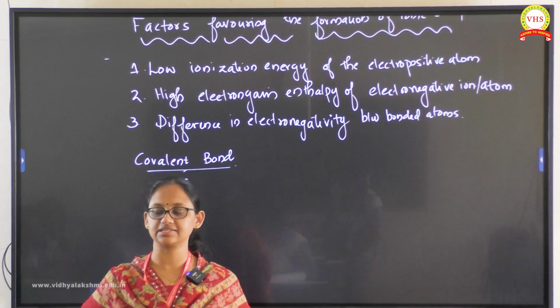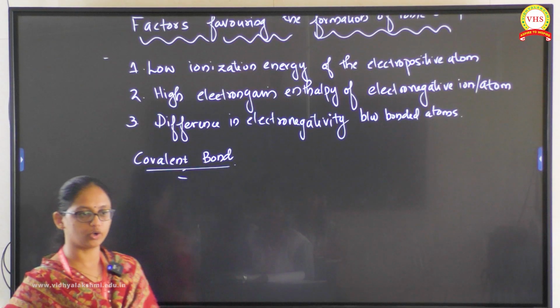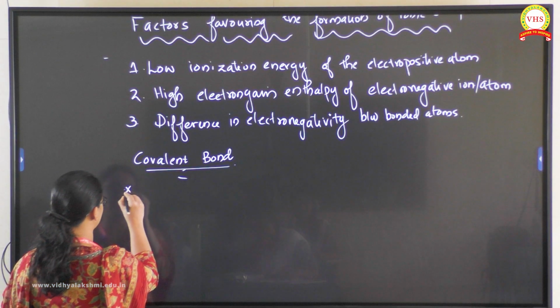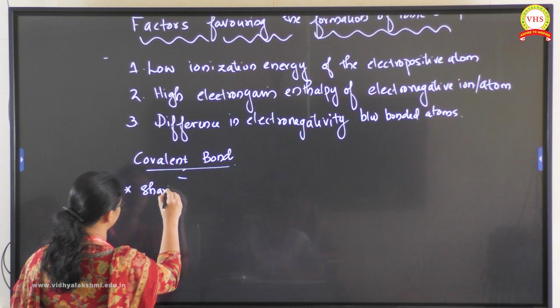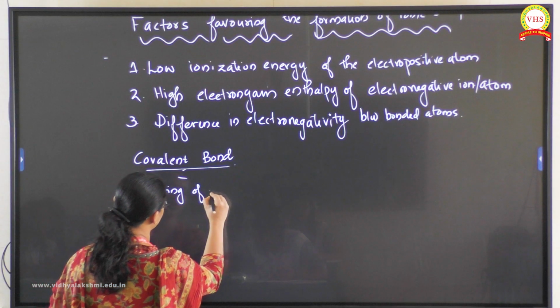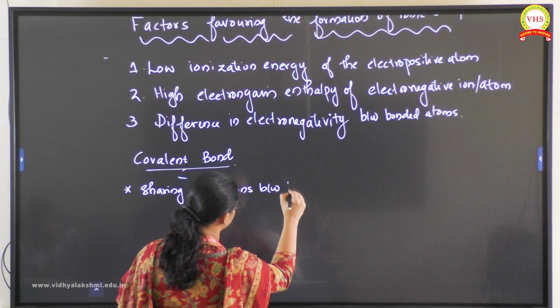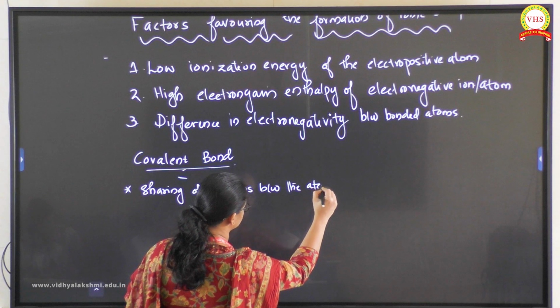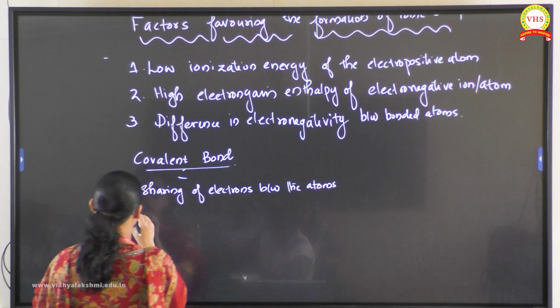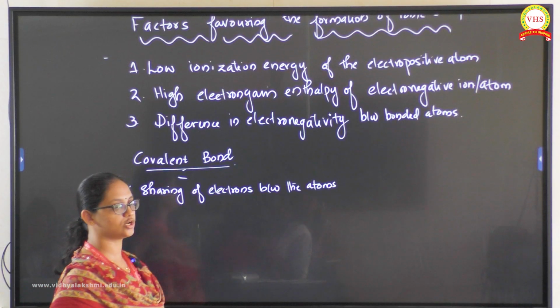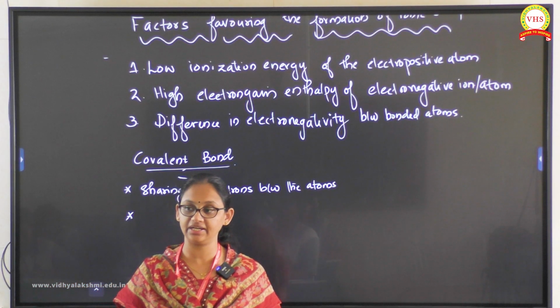The next is the covalent bond. A covalent bond is formed by sharing of electrons between the atoms, the mutual sharing of electrons between the combined atoms.